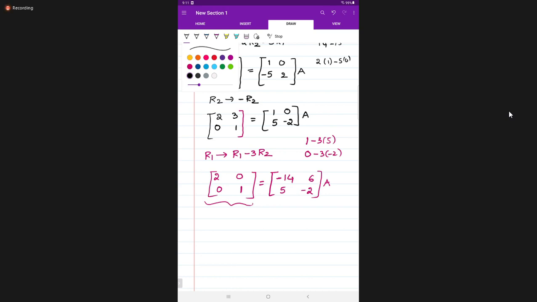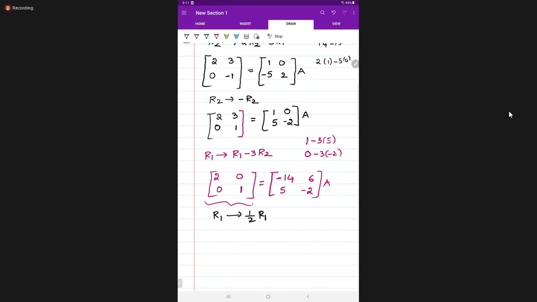So we have to make the 2 as 1 with the help of the lower element. With the lower element being 0, we can't do anything. So what is the other method? Divide by 2. So R1 implies 1 by 2 into R1.